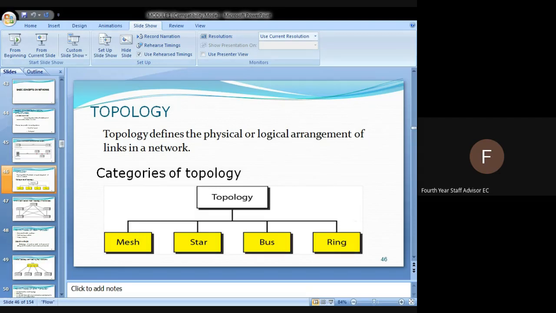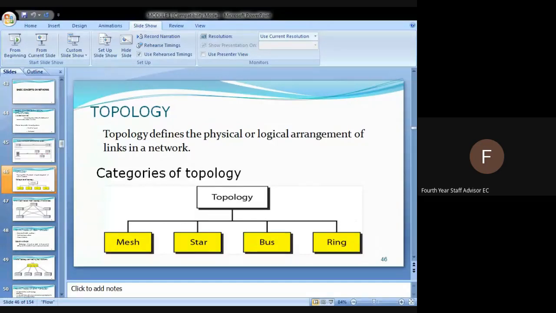Now, mainly you can have four different types of topology. One is the mesh topology, the other one is the star topology, then the bus topology, and the ring topology. So topology, you can classify into four: mesh topology, star topology, bus topology, and ring topology.